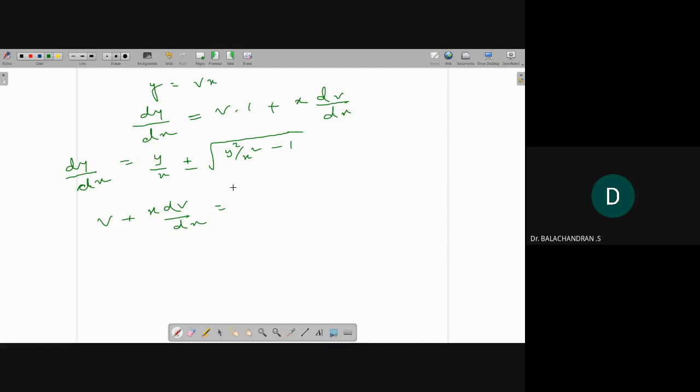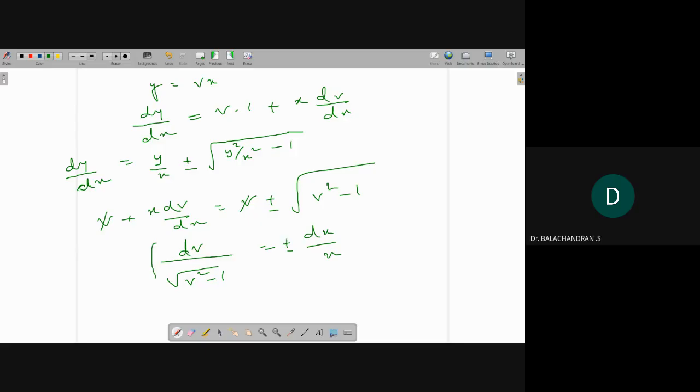Y by x is v, plus or minus root of y square by x square, which is v square, minus 1. So you can cancel v and v. Now after cancelling v and v, we'll get dv divided by root of v square minus 1 equals plus or minus dx by x, by the variable separable method: v on one side, x on the other side.